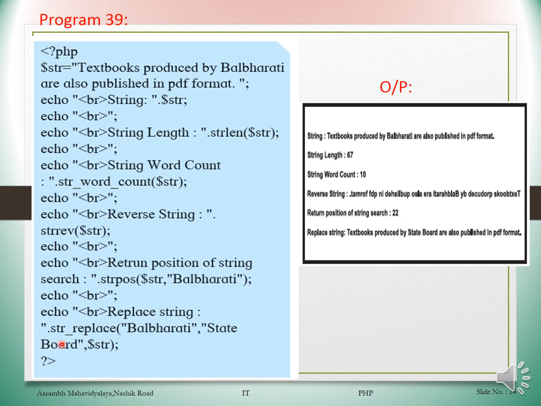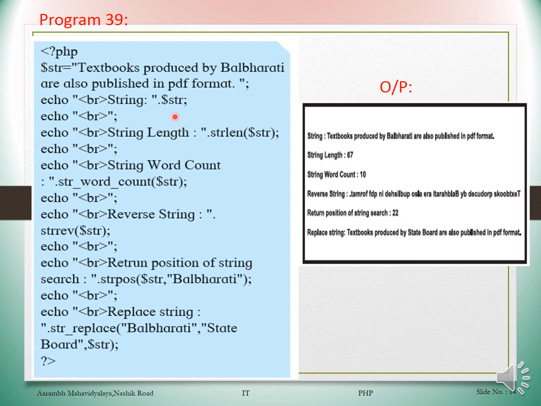The function used is dot str_replace. Remember one thing, this dot or period is used only because this str is defined initially, and only this str is used everywhere. Therefore here the period is essential to concatenate this data with this data.